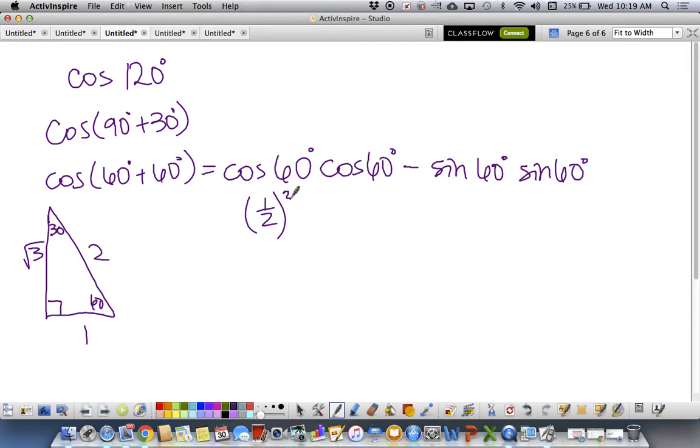And then what is sine 60? Sine 60 is square root of 3 over 2. Could I say sine 60 times sine 60 is really sine 60 squared?